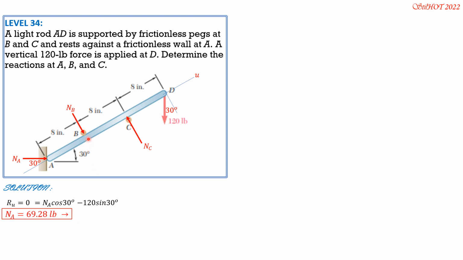And to solve for N sub B, we set moment at C is 0. Considering counterclockwise positive, we have N sub B times 8, then plus N sub A, which is 69.28, and its moment arm, which is this, 8 plus 8, 16 sine of 30. So plus 69.28 times 16 sine of 30.